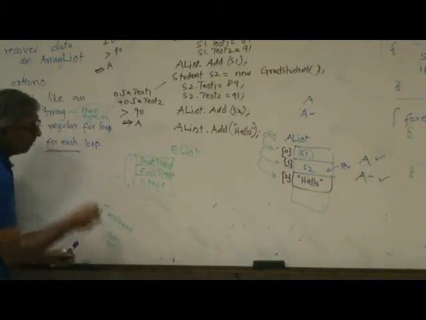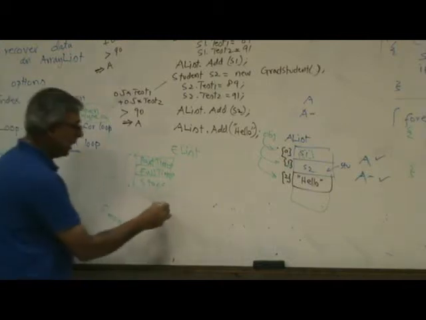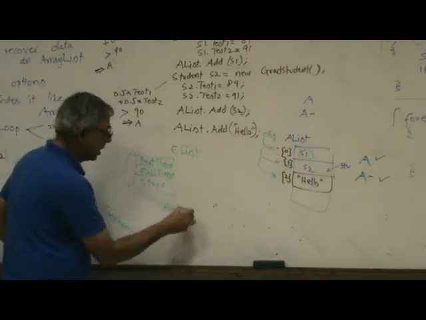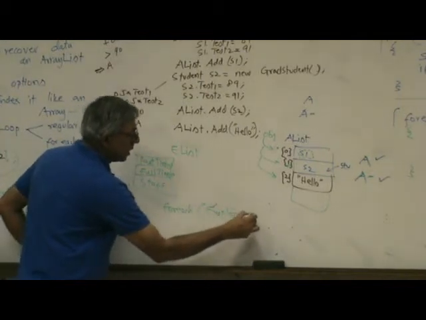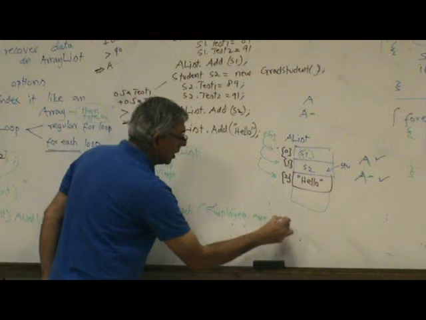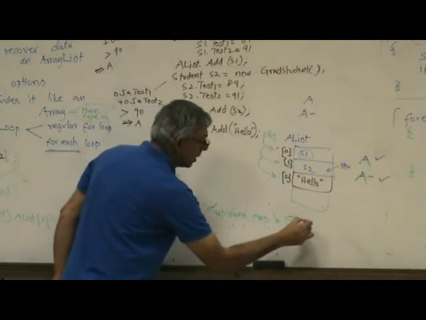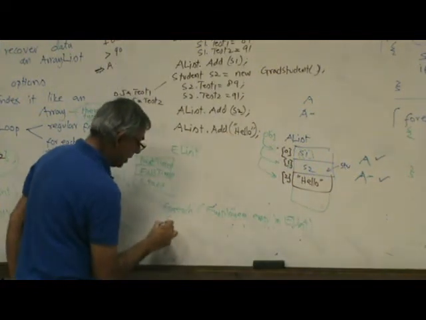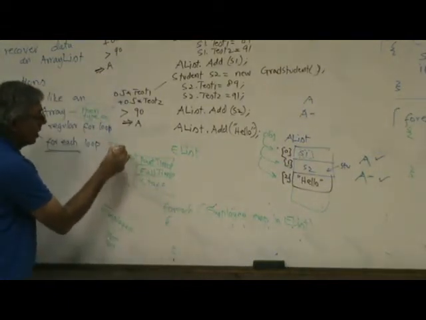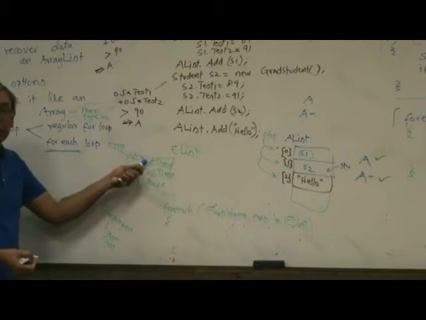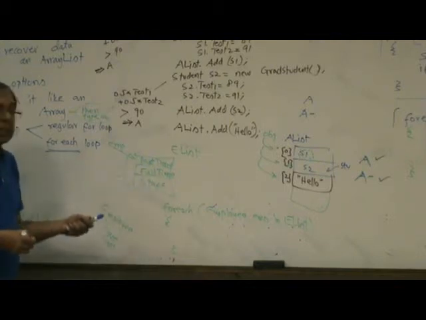Then how will you write the for each loop? You will say for each employee EMP in E-list. And then, can EMP point over here? Yes. If part-time is derived from an employee, then yes.